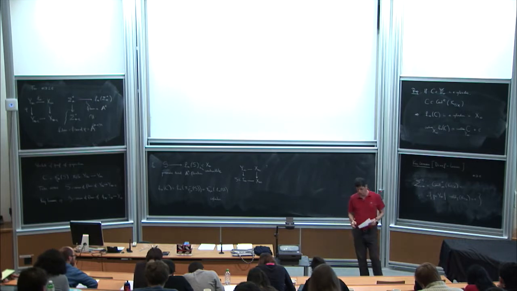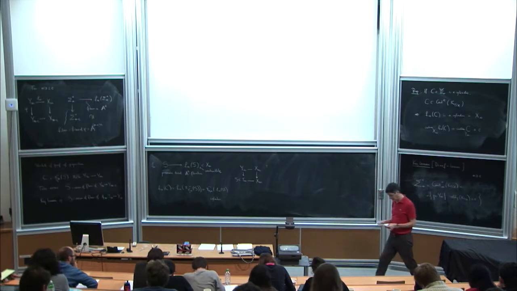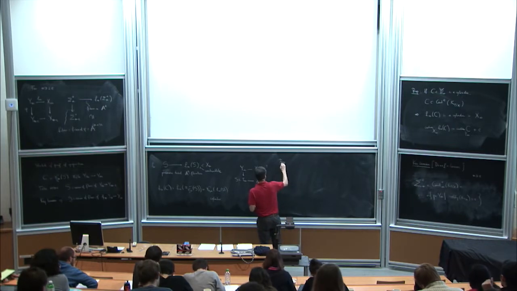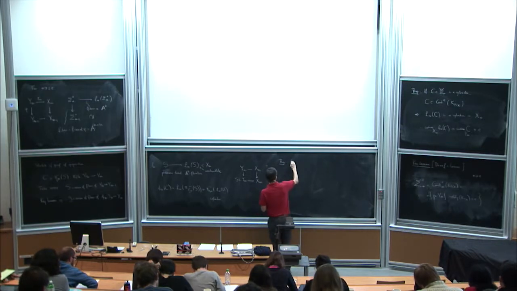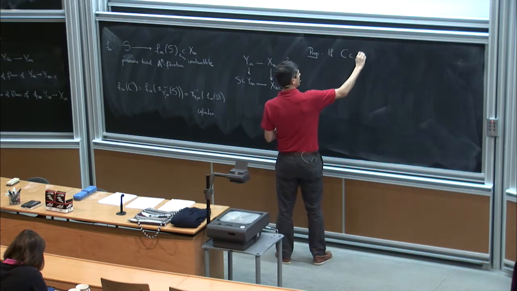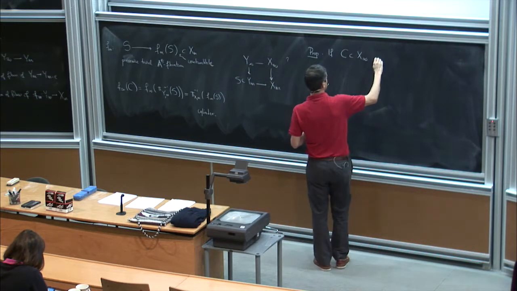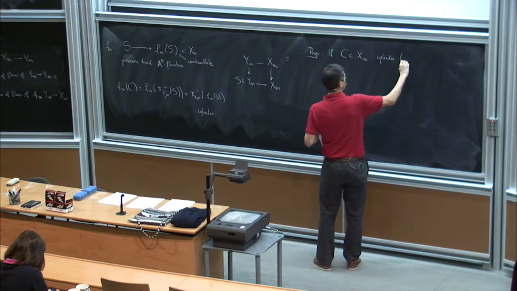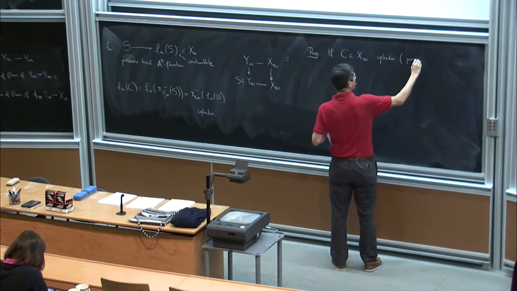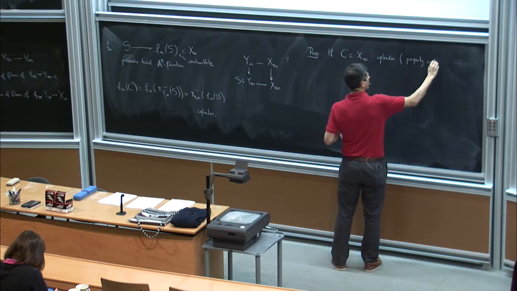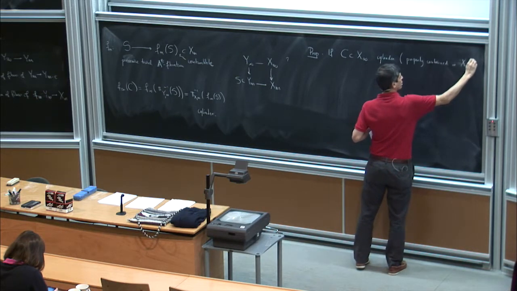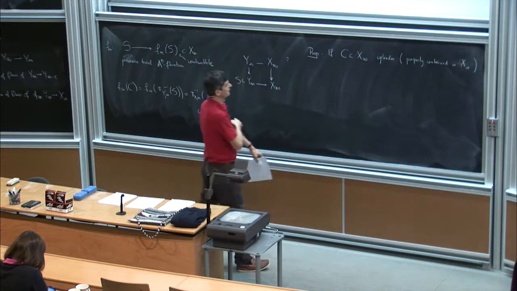So there is another important remark about cylinders that we need to be aware of. That's the next proposition. Suppose I give you a cylinder C inside X infinity, and say this is a cylinder, properly contained in X infinity, so it is not empty and it is not the whole space.